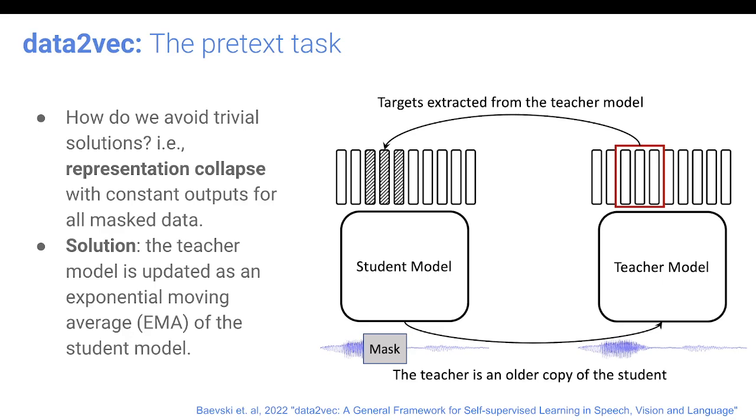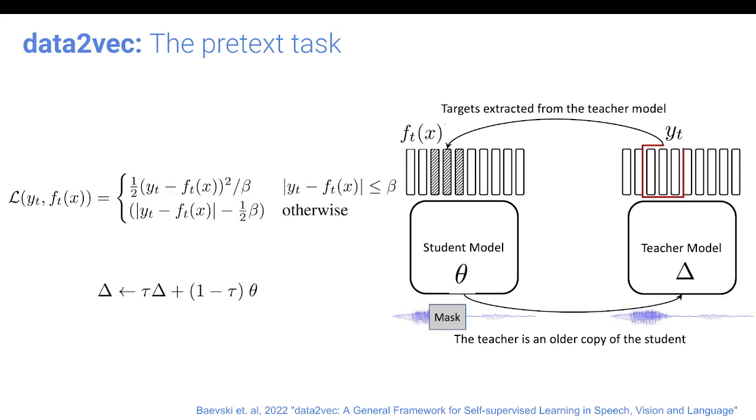Using the momentum parameter that controls this moving average, you can determine how close or far the teacher model is from the student model. This way you can control the representational collapse that could happen. As we see in this slide, in the second equation, the momentum term tau controls the distance between the student model theta and the teacher model delta.